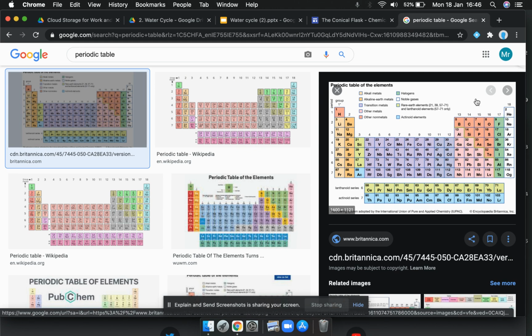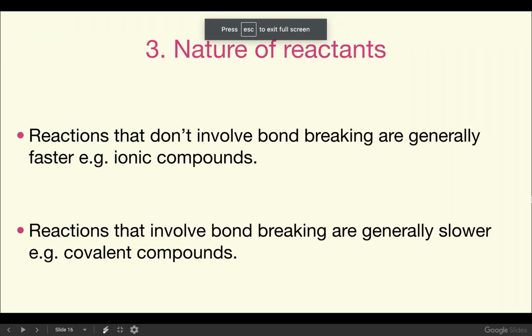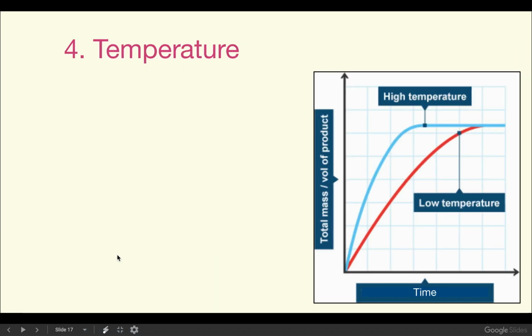They cannot take any more electrons. So the type of chemical or the type of element makes a big difference. I don't want you to get bogged down in these words here, ionic compounds or covalent compounds. Just know that where you are on the periodic table may make a difference.